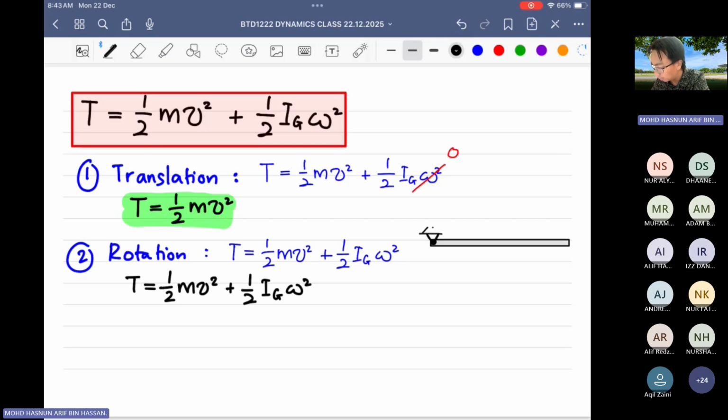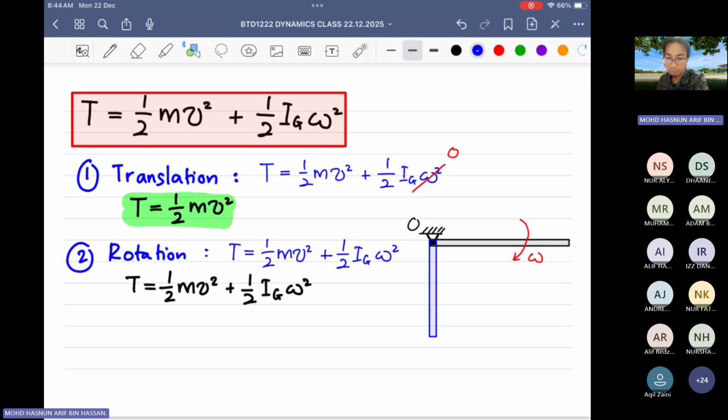This is the fixed point O, and then the rod rotates maybe like this with an omega, and then it goes to vertical position like this.